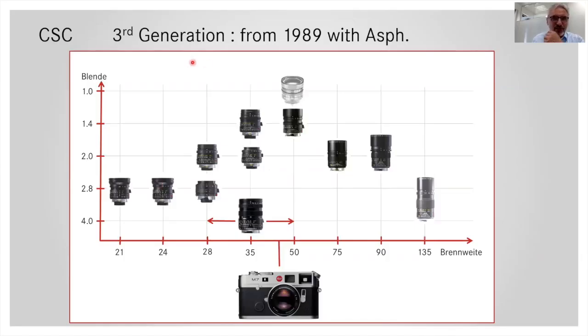So the third generation from 1989 with aspheres is indicated here. We are still in analog times here. And here you see the focal length again, and here is the F number. All the lenses are equipped with aspheres. Only these two lenses were not equipped with aspheres at that time.